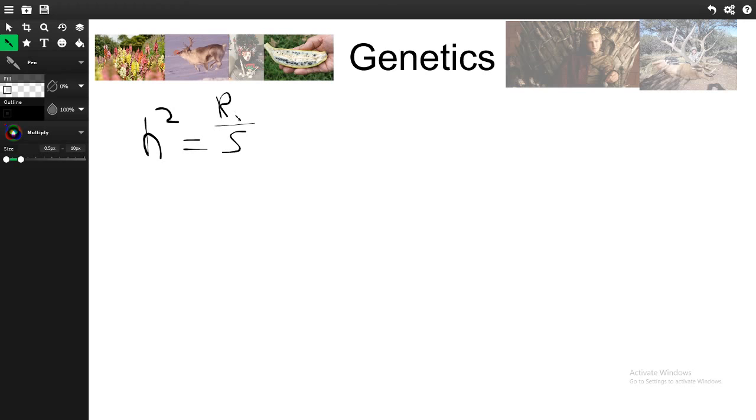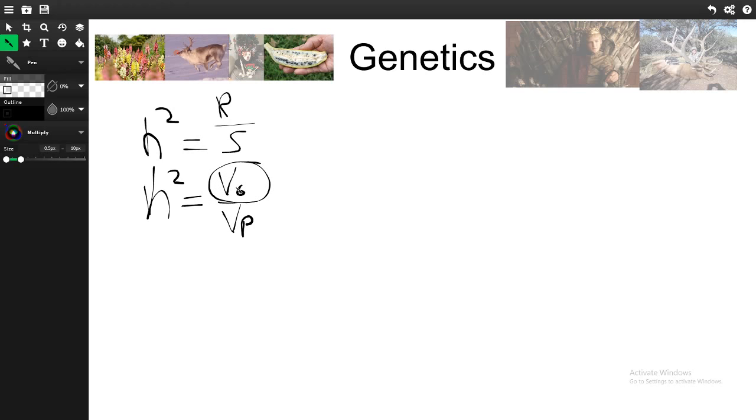Of course, this is the response to selection. This is the selection differential. And that's not the only equation. H squared equals VG, which we learned about, over VP.